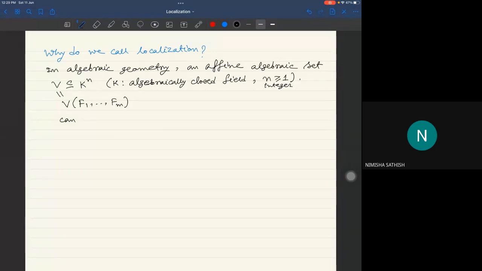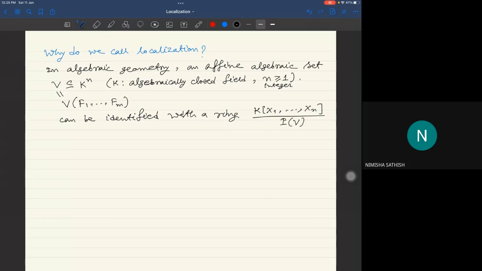This can be identified with a ring, namely a quotient ring of a polynomial ring. You consider the same number of variables, the polynomial ring over k in x1 up to xn, n many variables, and then you consider the ideal of V, and you take the quotient ring.